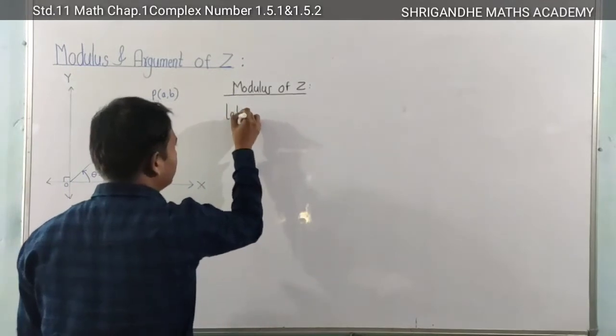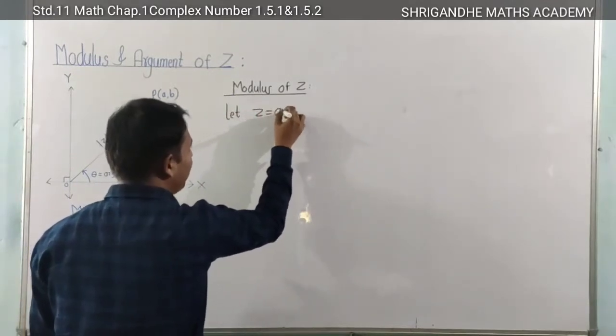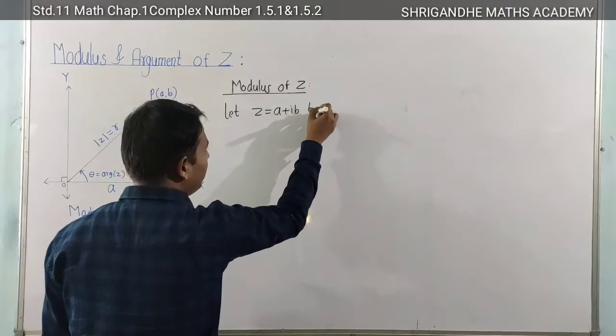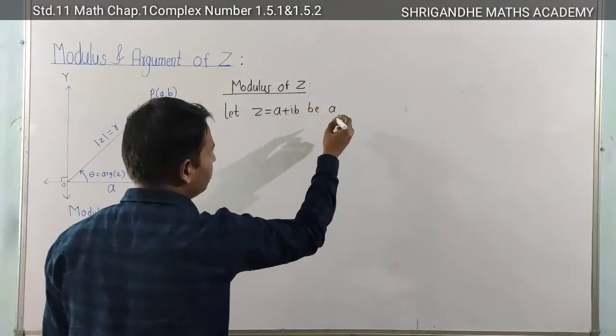Let z equal to a plus ib be a complex number.